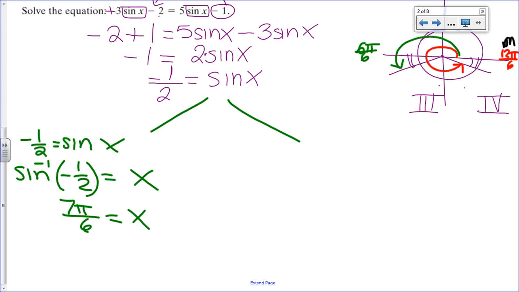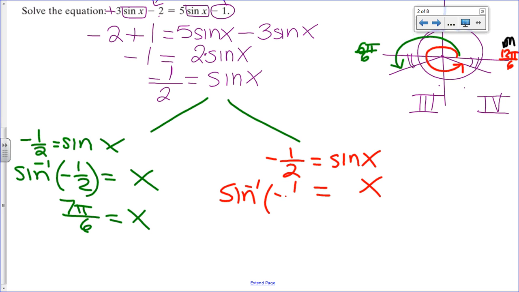So that will be 11 pi over 6. Okay. So we have negative 1/2 is equal to sine of x. So then x will be equal to the sine inverse of negative 1/2, and that will be 11 pi over 6.